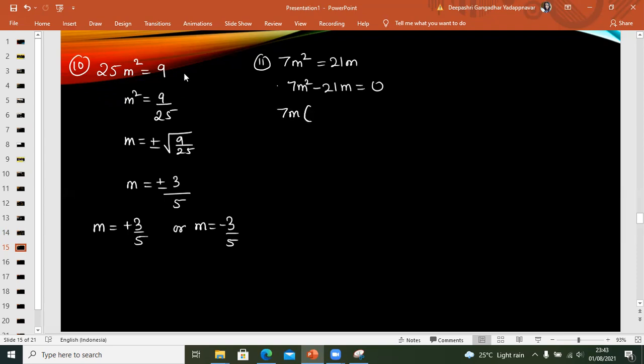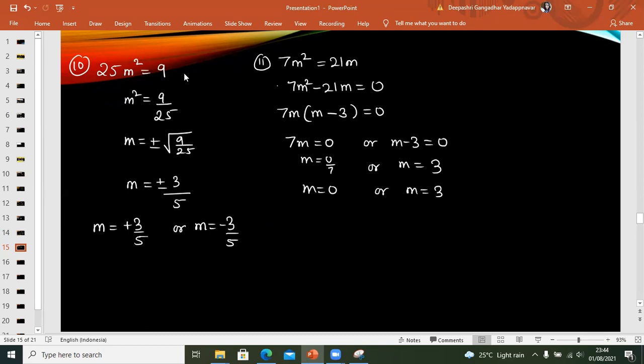So 7m is outside, inside 1m minus 7 times 3 is 21 equals 0. 7m, this we can separately write 7m equals 0 or m minus 3 equals 0. m equals 0 by 7 is 0 only. We take it as 0 and this one m equals positive 3. So here you have two solutions, m equals 0 and m equals 3.